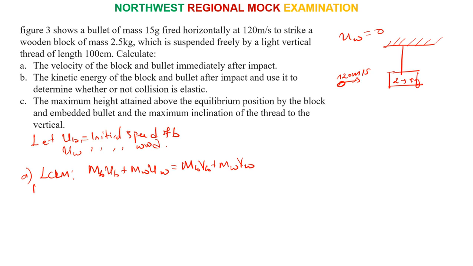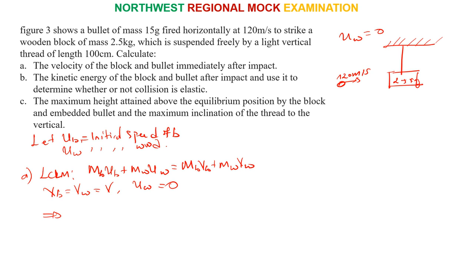But since the bullet gets embedded, it means the final speed of the bullet will be equal to the final speed of the wood, which is a certain common speed V. And since the block was suspended initially, it definitely means that UW is equal to 0.